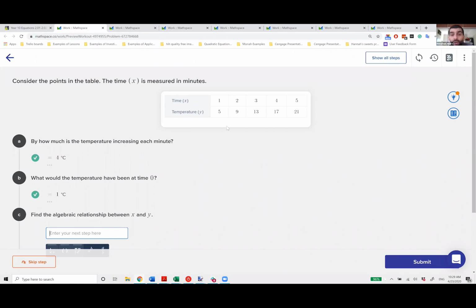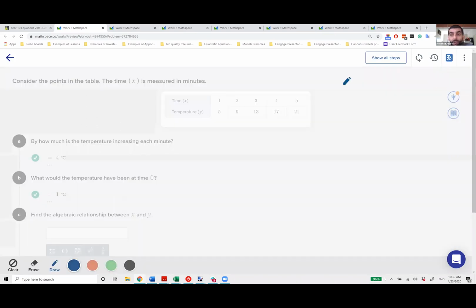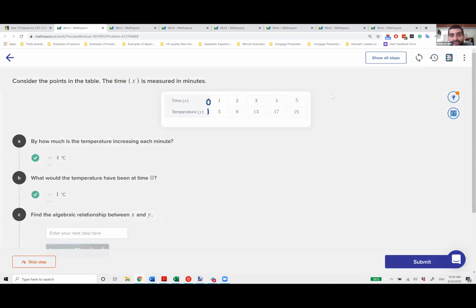Yeah. So remember when x was 0, y was 1. That's really helpful, and it tells you what the plus 1 is, because this is when 4 times 0. So that's how you know it's going to be a plus 1. And then the going up by 4s is the clue to have the 4x.